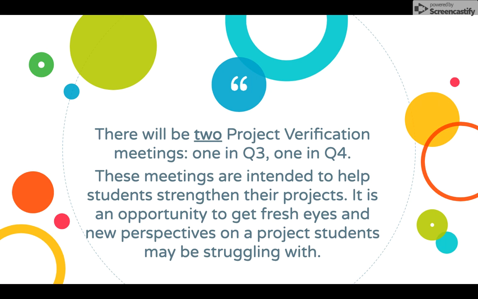Sometimes you might not be living up to the expectations that you had set for yourself moving forward. And sometimes it can be really helpful to explain what your project is and what your goals are to a new set of people who may not know you or may not know about your project, to get those fresh eyes and new perspectives.